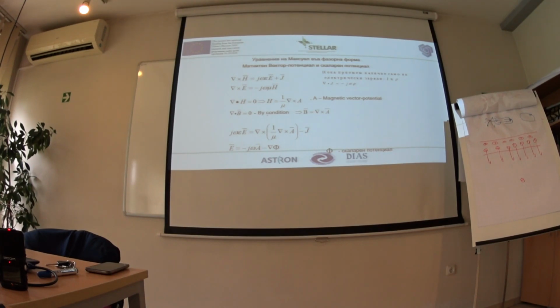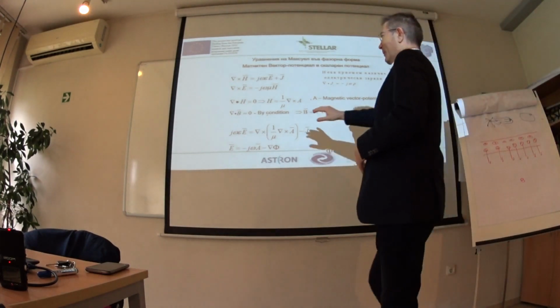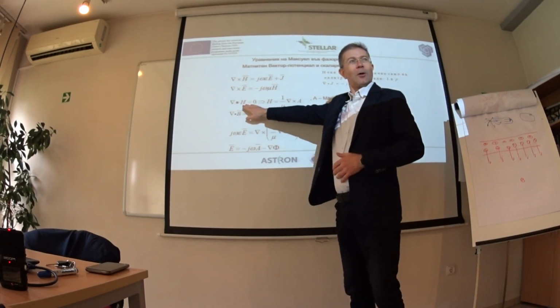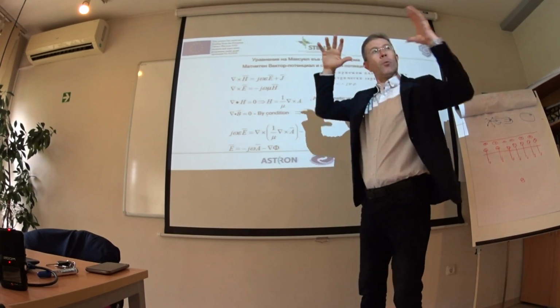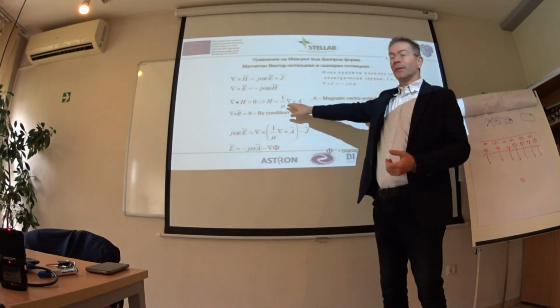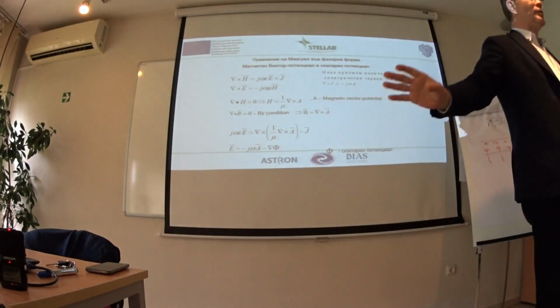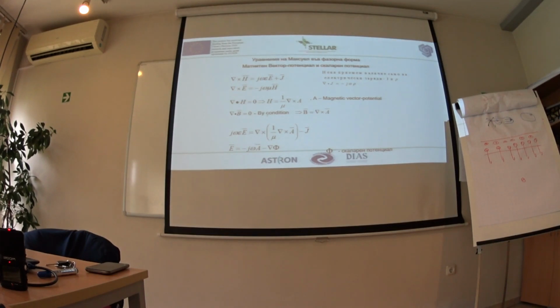The second part is what mathematicians love. Because if there are no magnetic monopoles, then the magnetic field everywhere can be described as the result of rotation of some other vector.